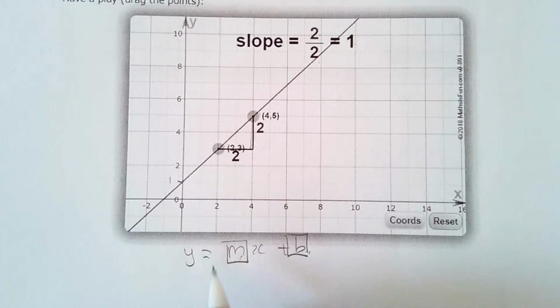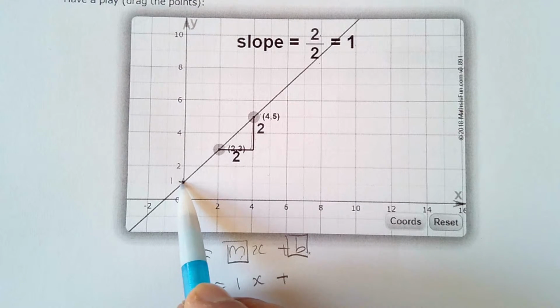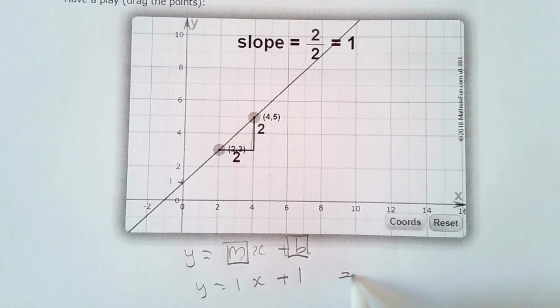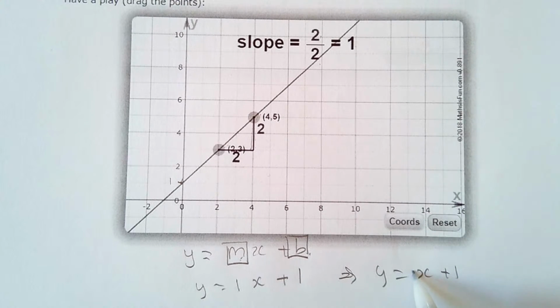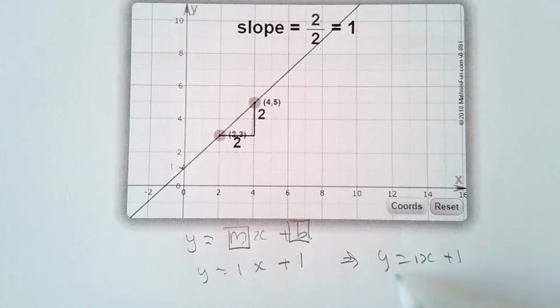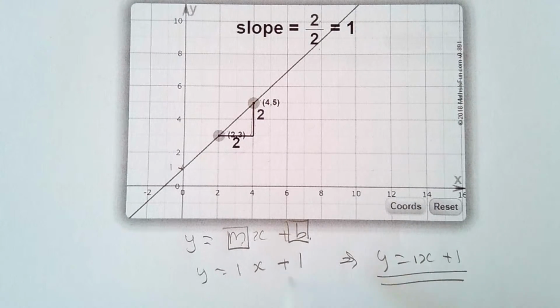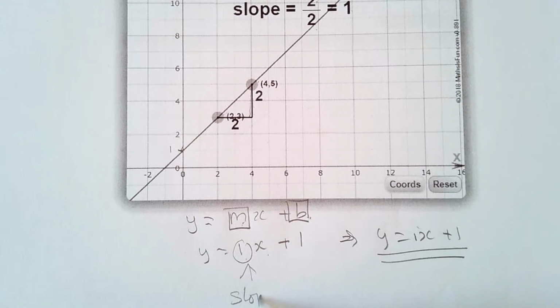Your m is 1, so y is equal to 1x plus your y-intercept, which is 1. So y is equal to x plus 1. Since the 1 is understood, it's not indicated. So if you were to ask what the slope is, it's 1, and the y-intercept is also 1.